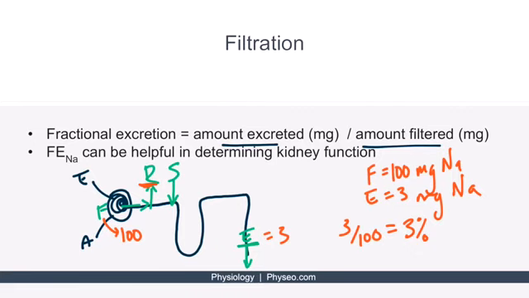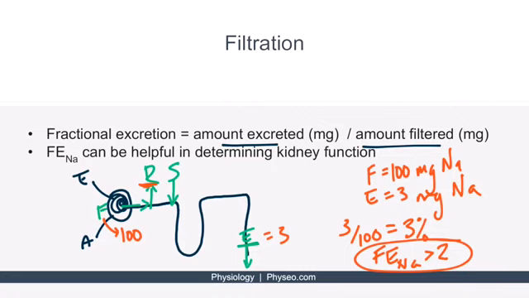It's important to know that a fractional excretion of sodium greater than 2% may indicate intrinsic renal failure or post-renal azotemia.